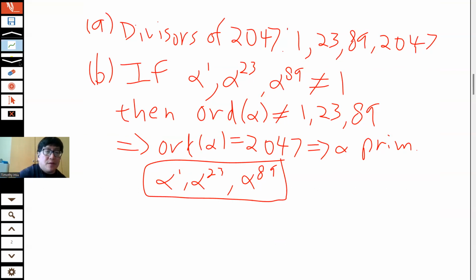So note, and B is a fancy Latinish way of saying nota bene: alpha to the 2047 is always equal to 1.